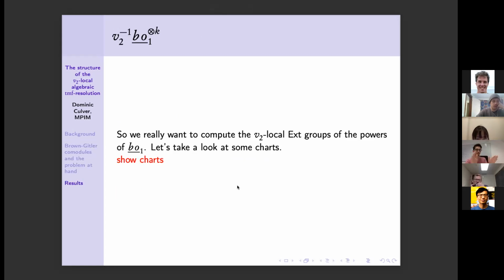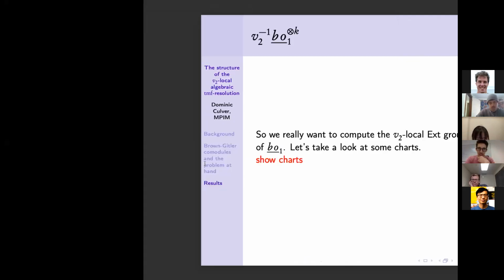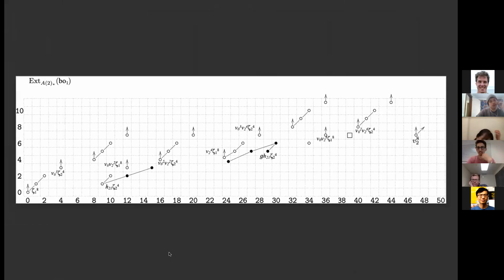Now what I want to do is talk about computing the Ext groups of BO1 to various powers. I'm going to show you a bunch of charts. Okay, this is the first one. This is Ext over A2 star of BO1, and you're going to see there's a lot going on here.